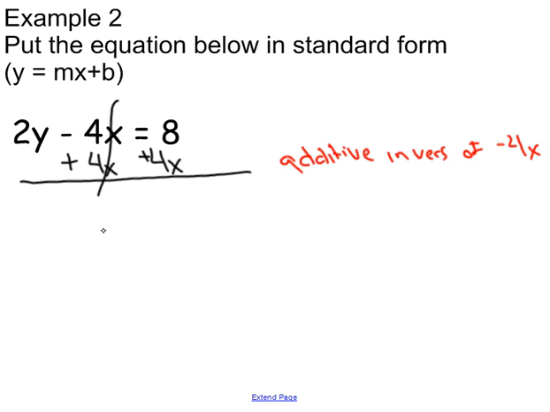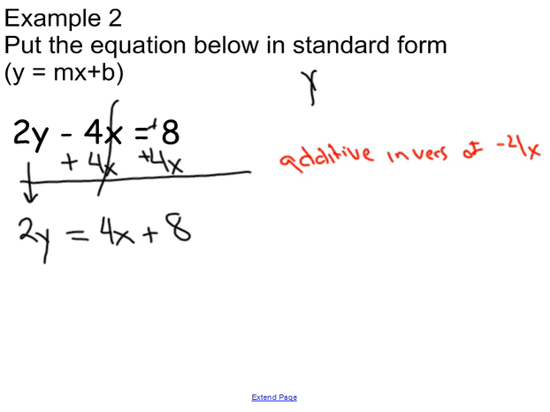These will cancel out, and you're left with 2y. Then you got your equal sign because this canceled out. And again, these cannot be combined. They are not like terms. So you will leave it as 4x. That's a positive number, invisible plus sign there, so I'm going to write plus 8.